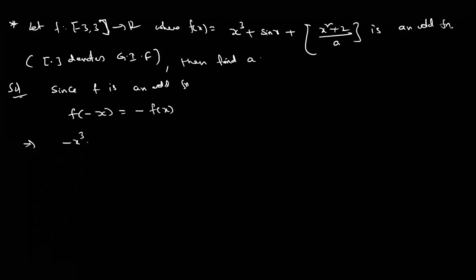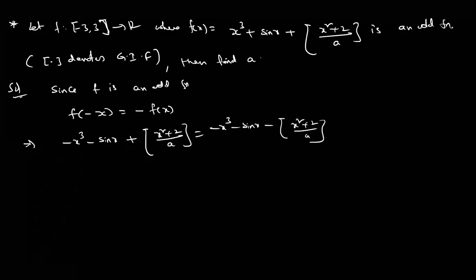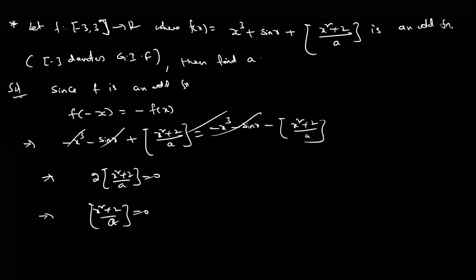Minus x cube minus sin x plus the integral part of x square plus 2 by a, multiply with minus. So all the terms are cancelled. So remaining is 2 times the integral part of x square plus 2 by a is equal to 0. The integral part of x square plus 2 by a is equal to 0, what is the meaning, dear students?